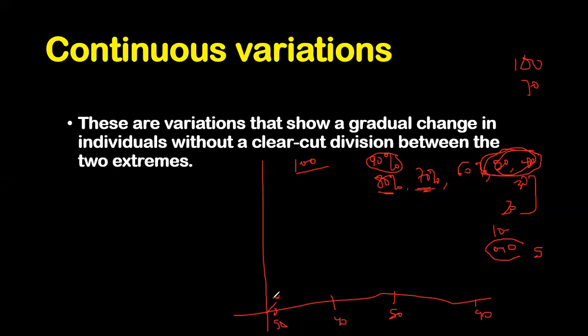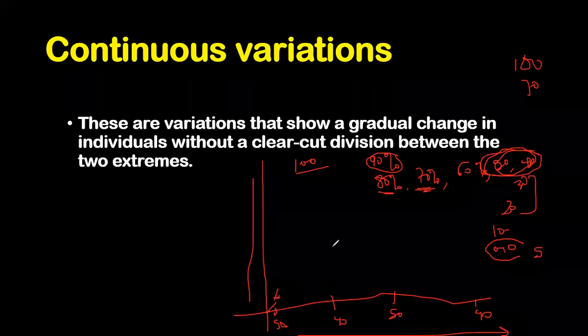So if maybe this is number of people with a given mark, and this is marks, you find few people have 5%, then very many are between 50 and 40, and very few have 90 and 100. So when you plot, you get such a curve.